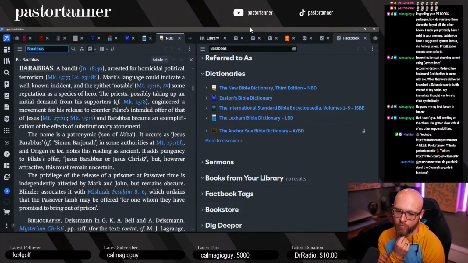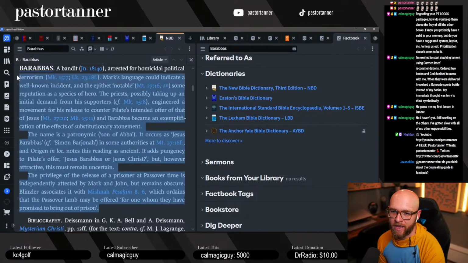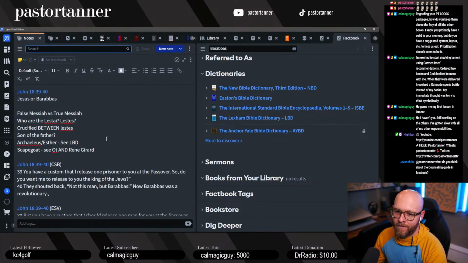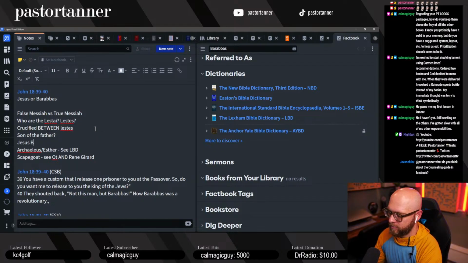Blinzler associates it with Mishnah Pesahim 8:6, which ordains that a Passover lamb may be offered for one whom they have promised to bring out of prison. So that would be going with John, that it's a Jewish custom. Jesus Barabbas or Jesus Christ. Uncertain.